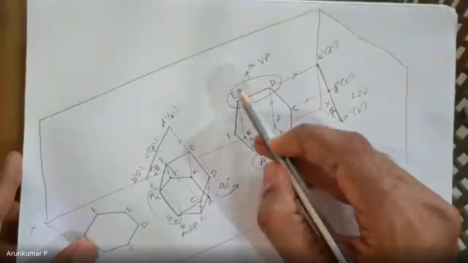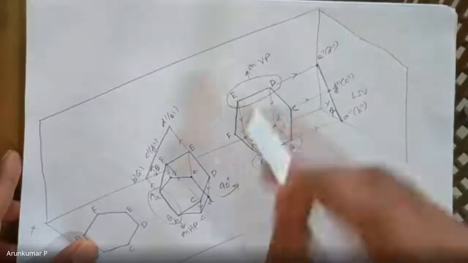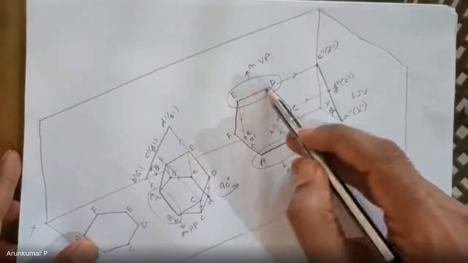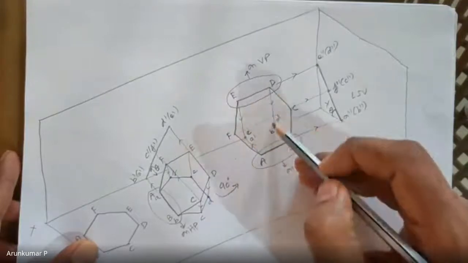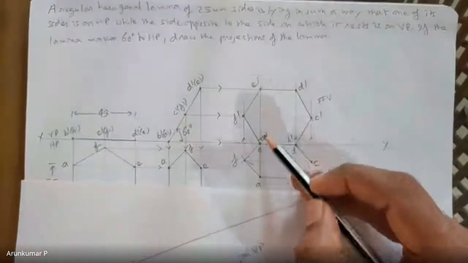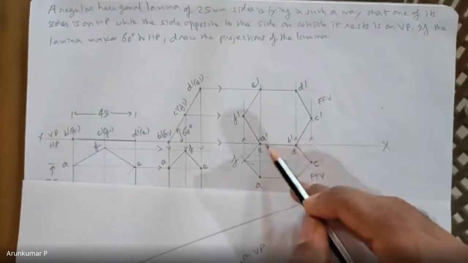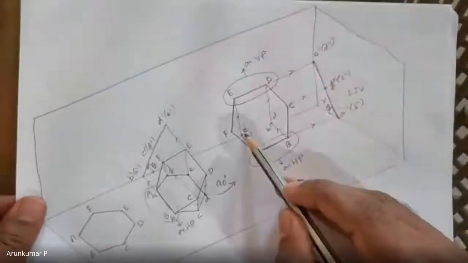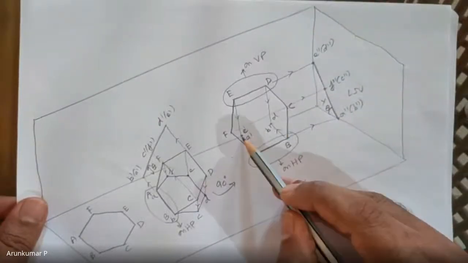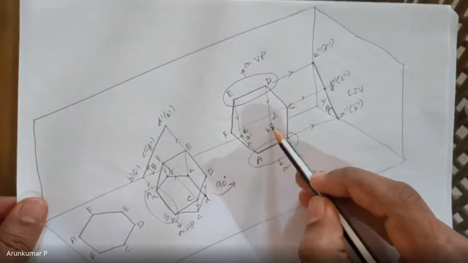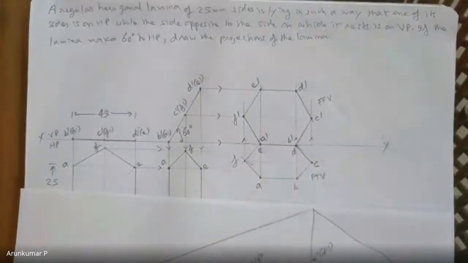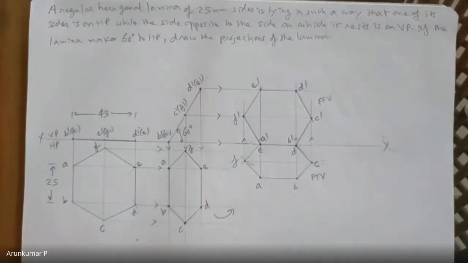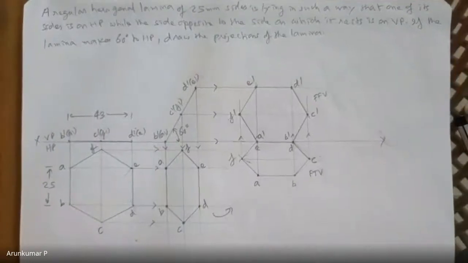Next, you want DE, the opposite edge, on VP. So we know that anything on VP, its top view, small e and small d, will be on the XY line. You can see here small e, small d is on the XY line. And most importantly, E and A dash share the same common point, D and B dash share the same common point. This is the proof. This is how you can verify whether whatever you've done is correct or not.